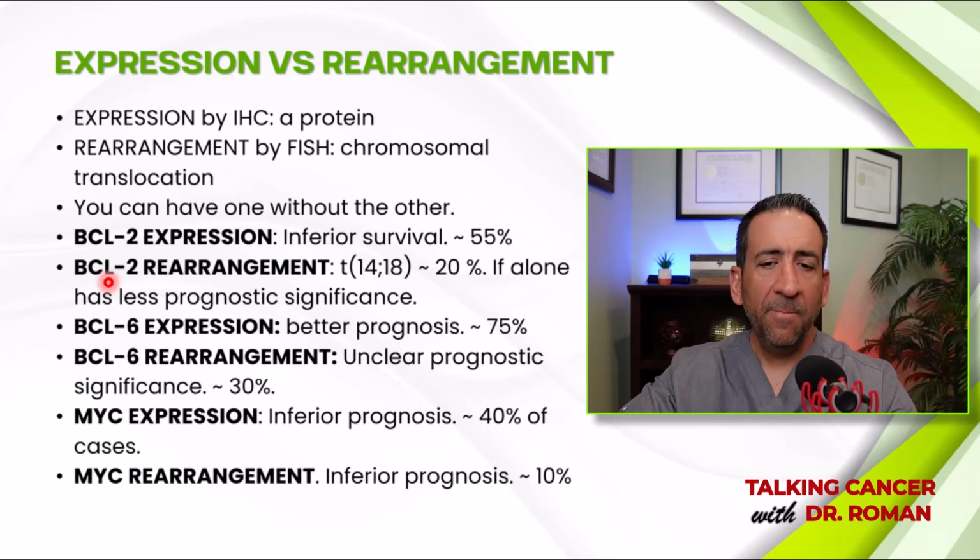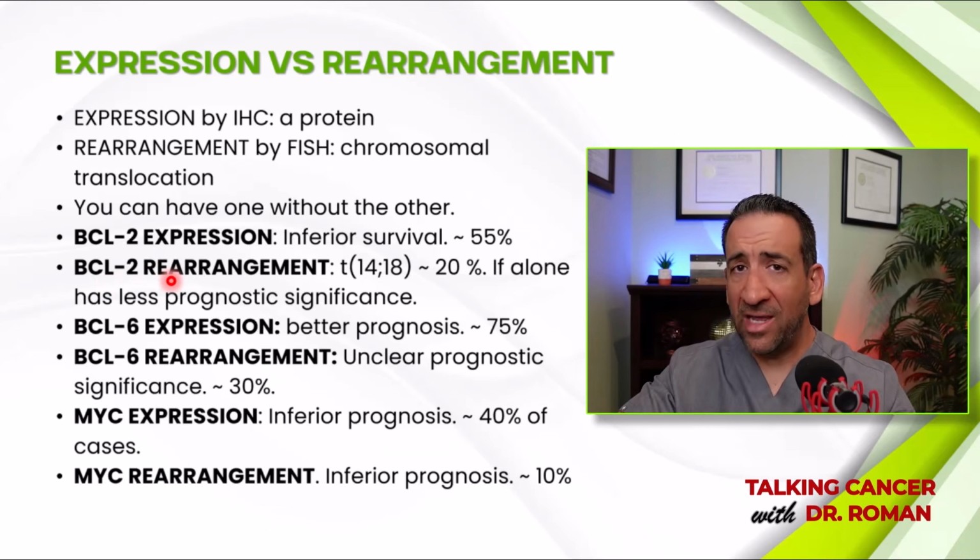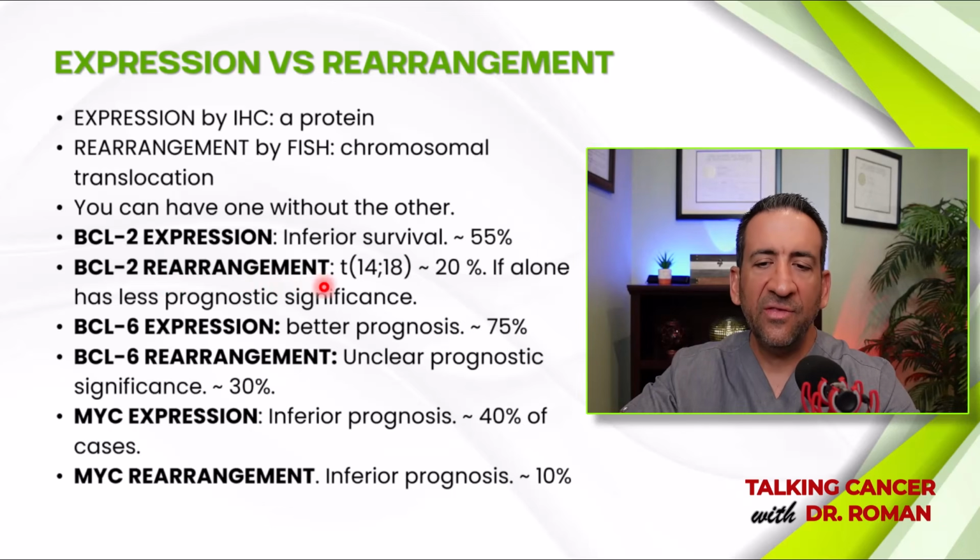Now, BCL2 rearrangement, again, this is done by FISH, looking for the chromosomal translocation. And the chromosomal translocation is a 14-18 translocation. This one is seen in about 20% of diffuse large B-cell lymphoma cases. If you only have this BCL2 rearrangement, it has less prognostic significance.